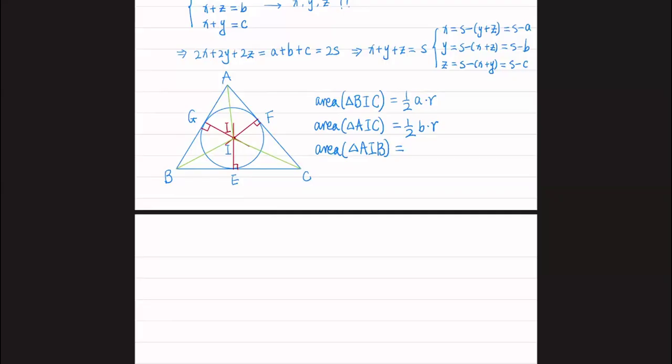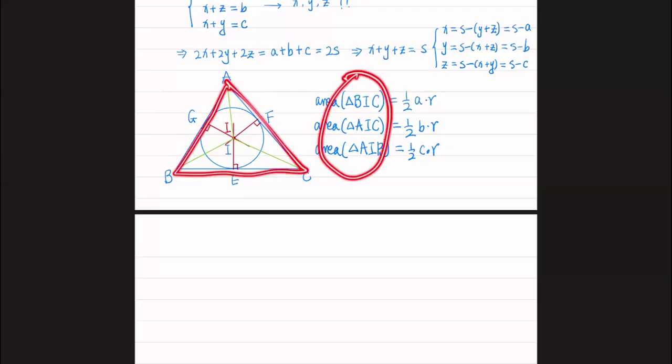Jessica, what about this triangle? What's the area? Half of c times r. Okay, so it will be again half of base times radius. Now if we add these three together, we get the area of ABC.